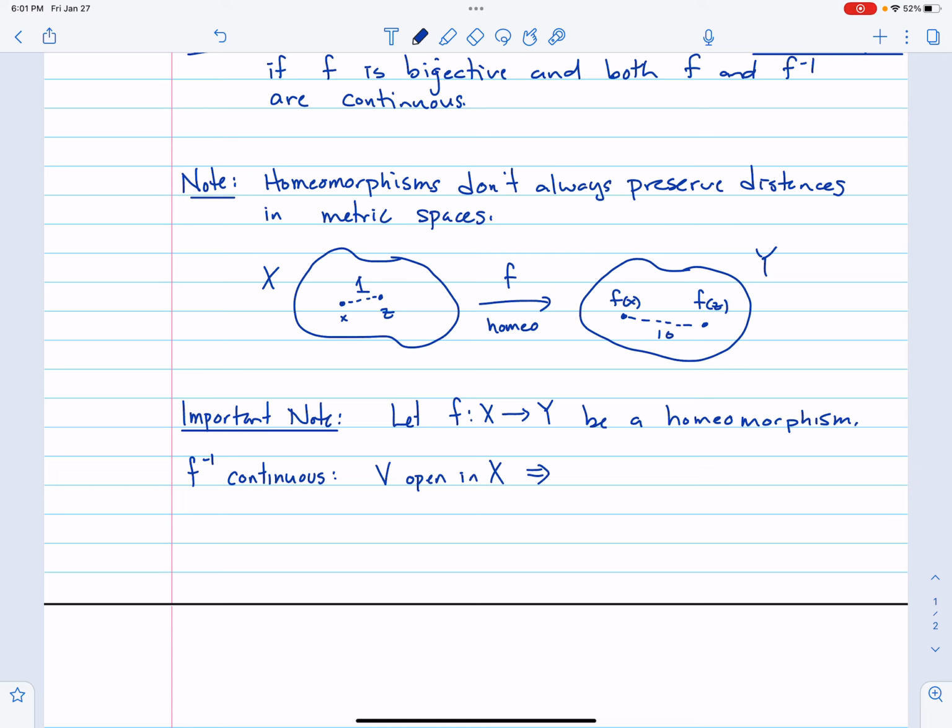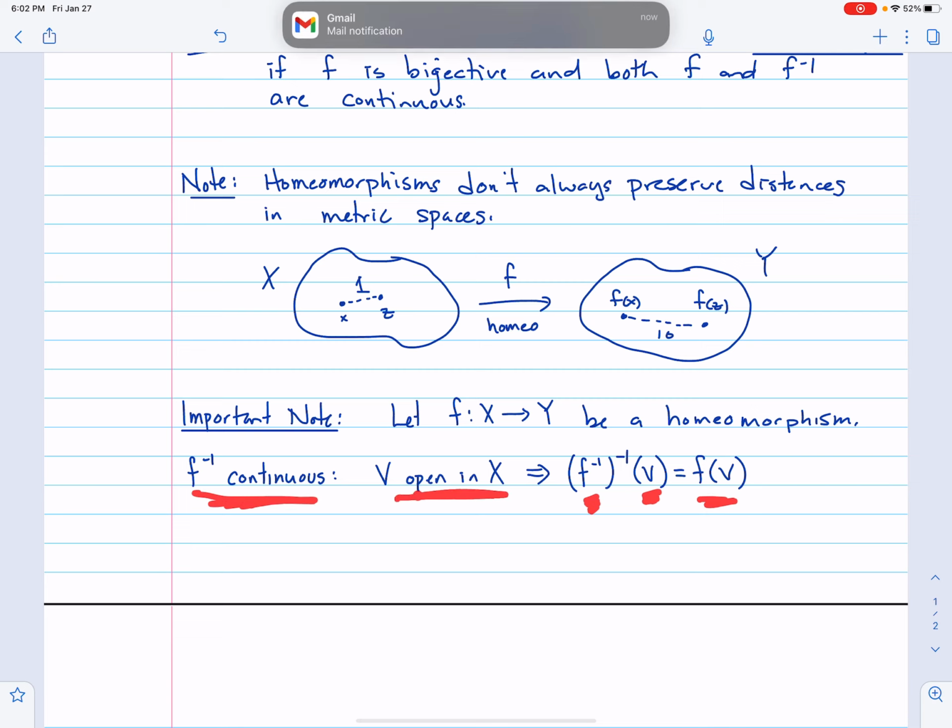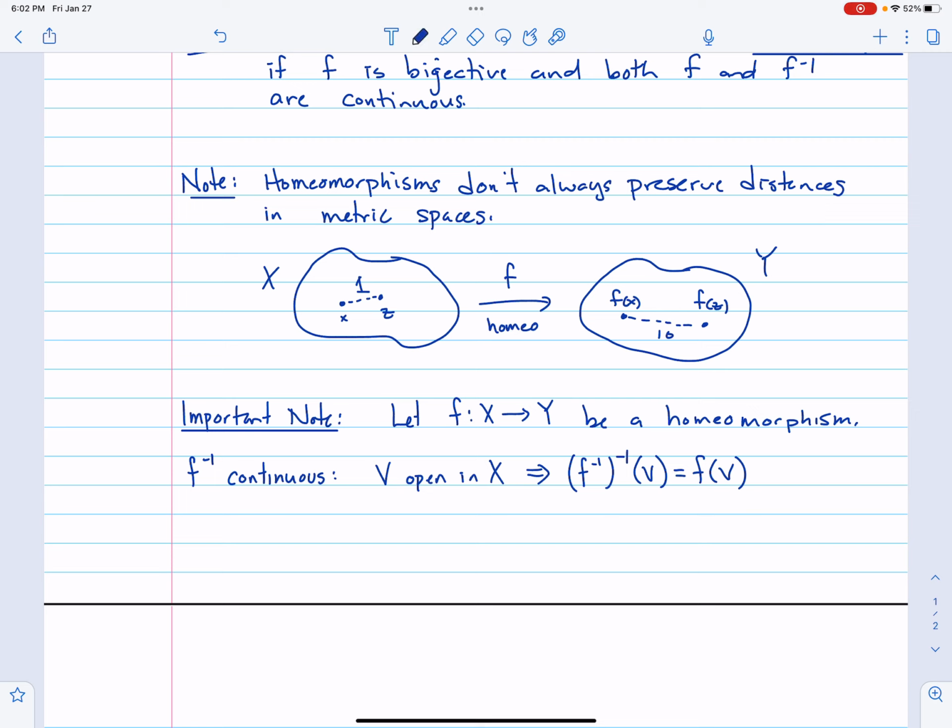So the preimage of the set V under f inverse, which is just a fancy way of saying f of V, since the inverse function is continuous and V was open, has to be open as well. Okay? So this is open in Y.